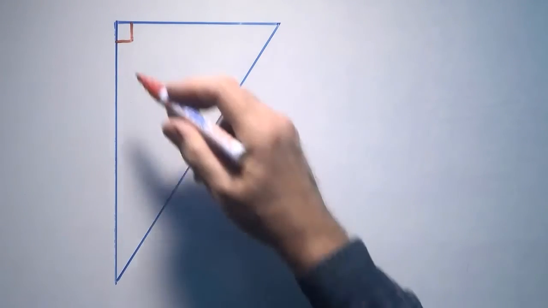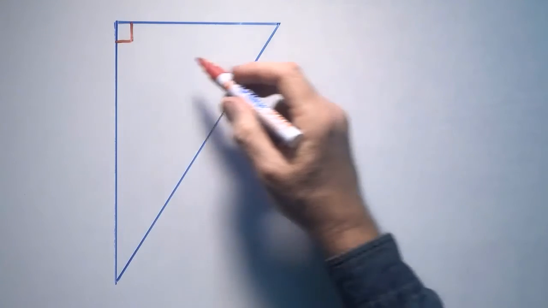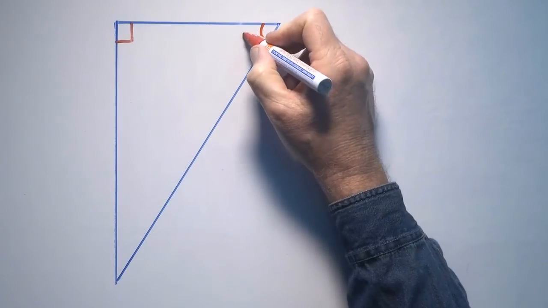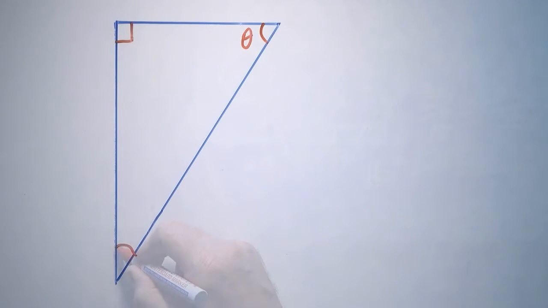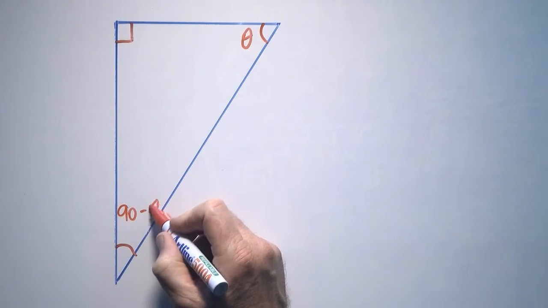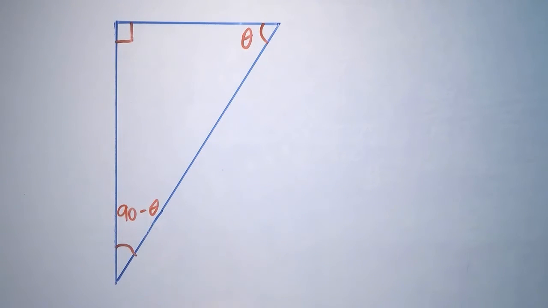Here I have a right triangle, and I've marked the right angle, and I'm going to mark this angle here theta, and I'm going to mark this angle 90 minus theta, which it must be because of the angle sum of a triangle. Next, I'm going to drop a perpendicular from the right angle to the opposite side.